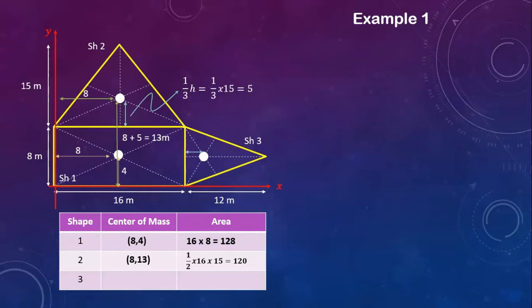As we know, the center of mass of a triangle calculated from the base is 1/3 of the height. 1/3 of the height equals 1/3 of 12, which gives 4 meters.